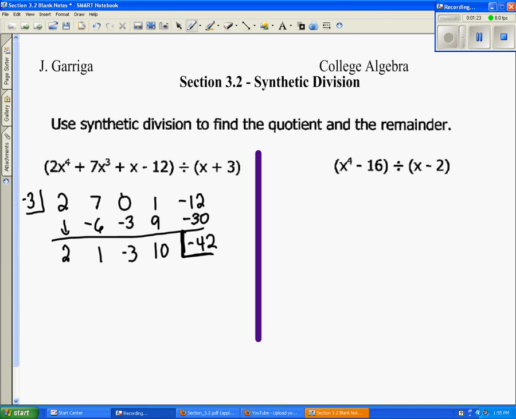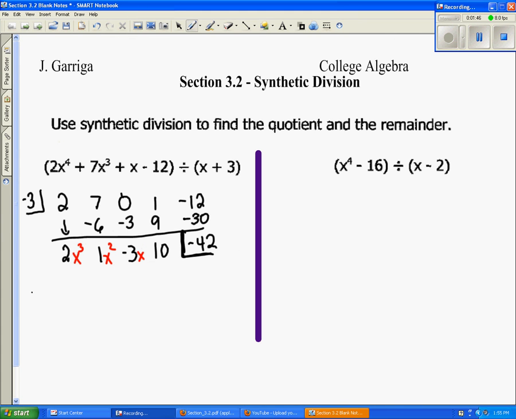That's our remainder box. Now, if the degree of this polynomial is a fourth degree, our answer is going to start with a third degree. It's always going to be one less, so then we go in descending order until we have no more. So if this was an 8, I would have started with a 7 here, 6, 5, 4, and so on. So it's always one less.